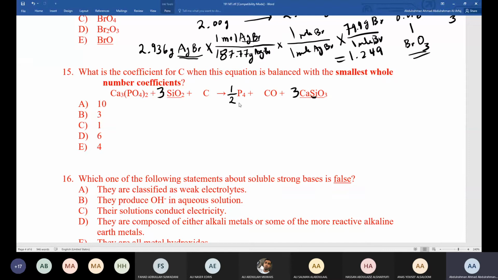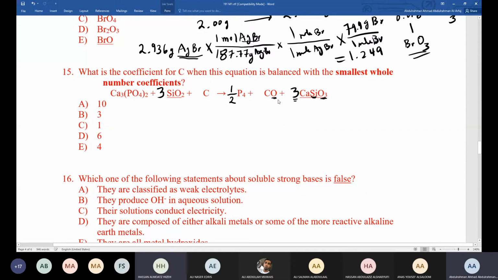Oxygen. How many oxygen do you have in the reactant? 15. 14, yes. Okay, and how many do we have already here? 9 with 1, 10.